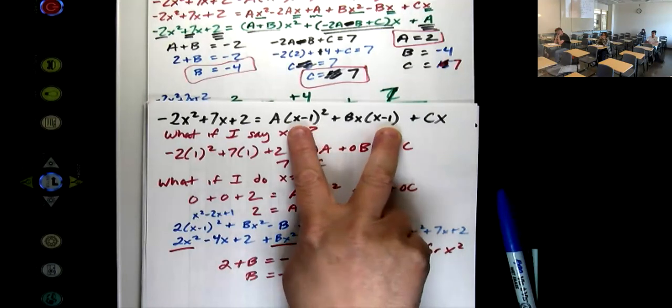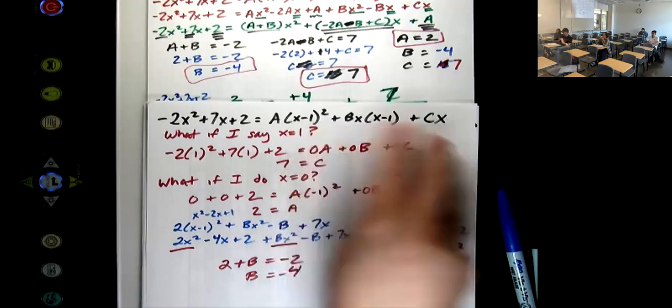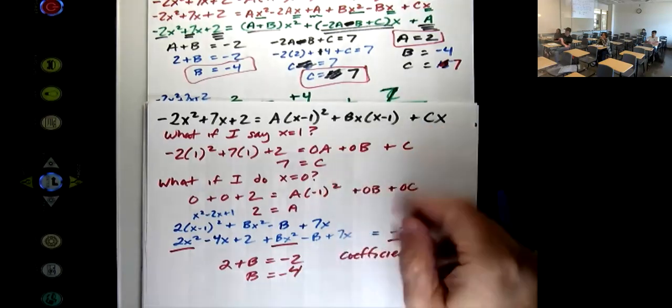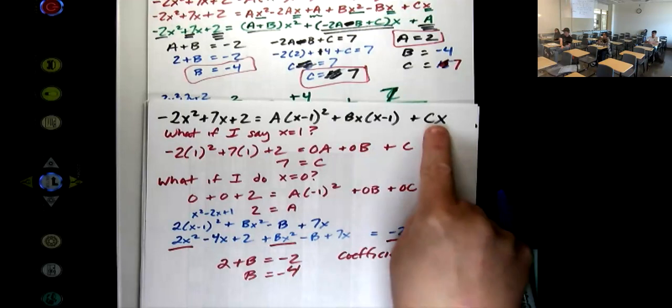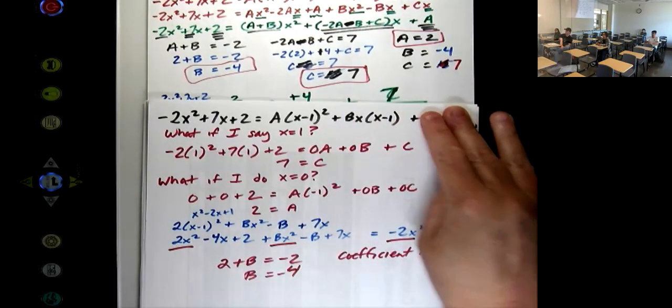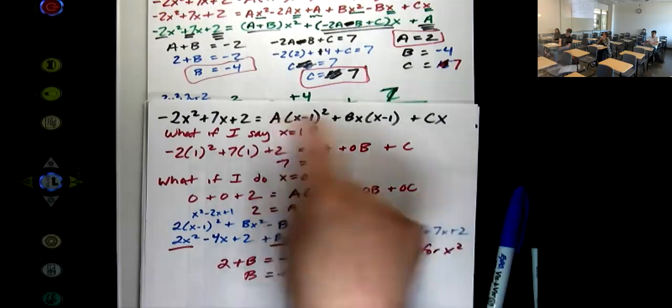And I see if I plug in 1, 1 minus 1 goes to 0 on both of these. And I'm just left with that. If I say x equals 0, I've got this times 0 and this times 0. Those all go away when x equals 0. This one doesn't because it's 0 minus 1 squared. So you pick them to be the things that make the parentheses 0.